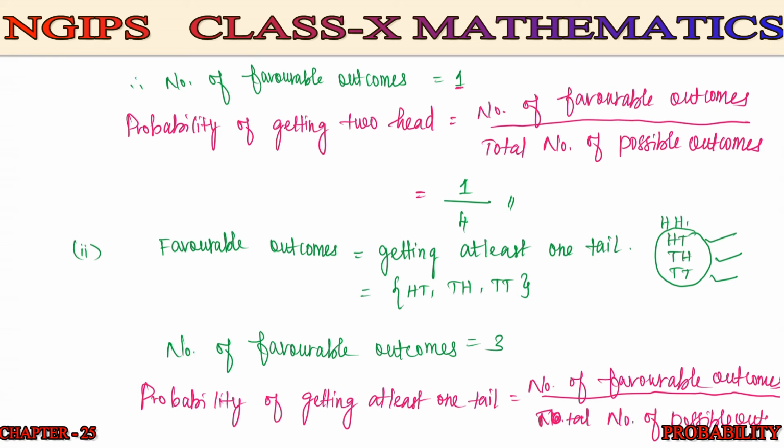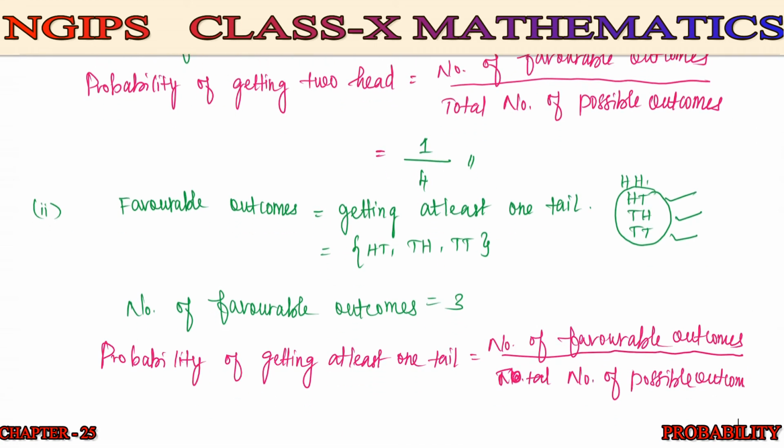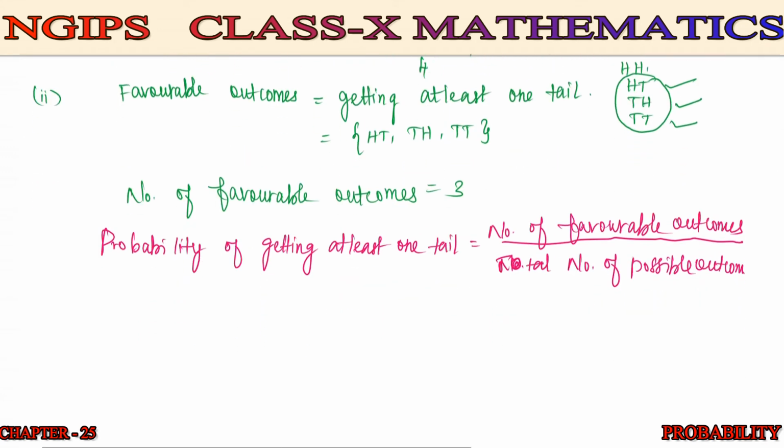So if you simplify, what we will get here? Favorable outcome is 3. Total number of possible outcomes is 4. So the final answer is 3 by 4.